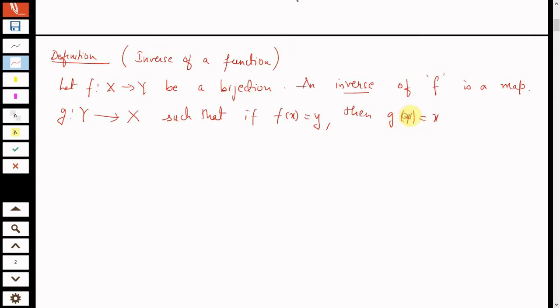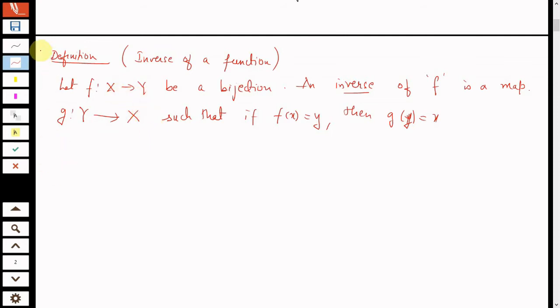And this makes sense, because whenever I say f of x is equal to y, y belongs to capital Y, and so I can define g of y. So g of y is equal to x. So whenever f of x is equal to y, then g of y has to be equal to x. That kind of function is called the inverse of the given function.